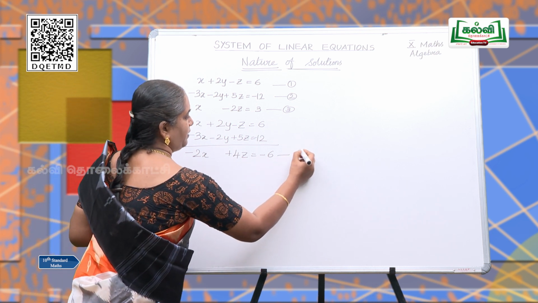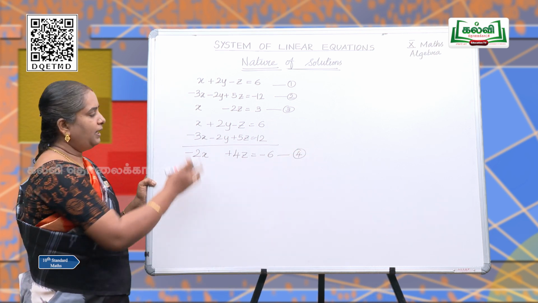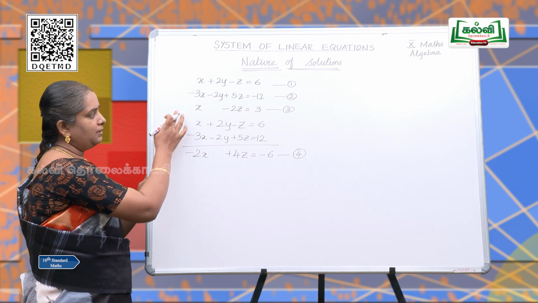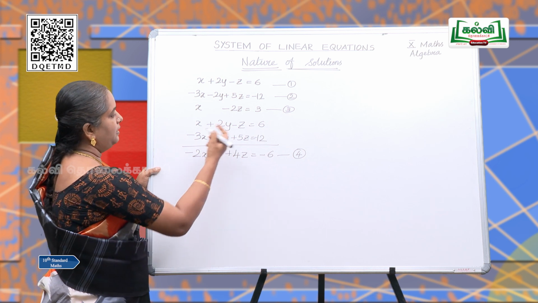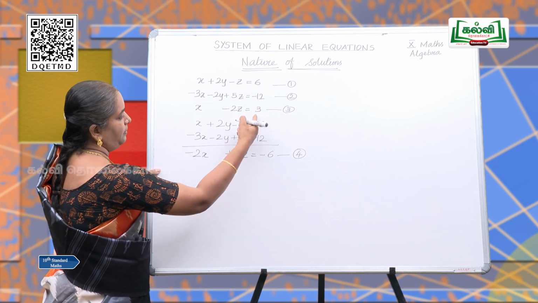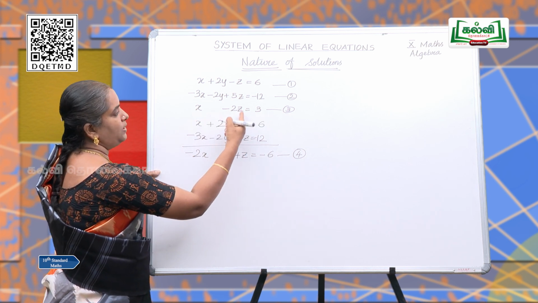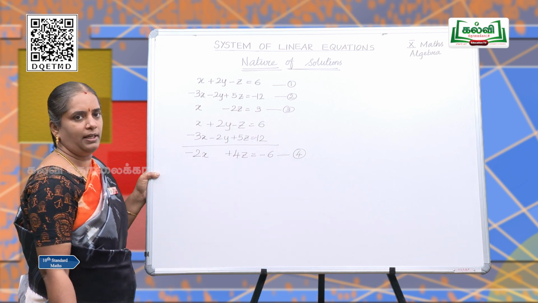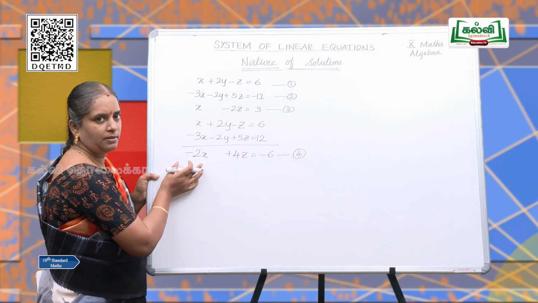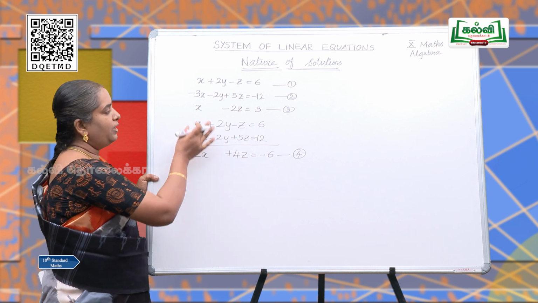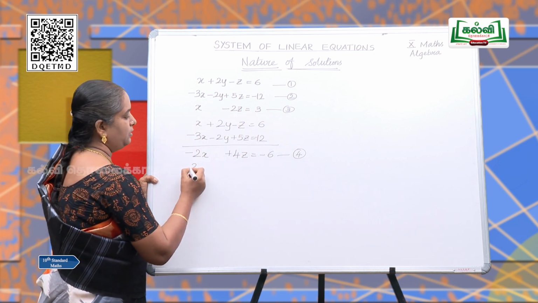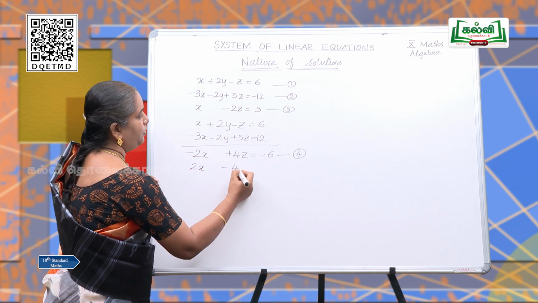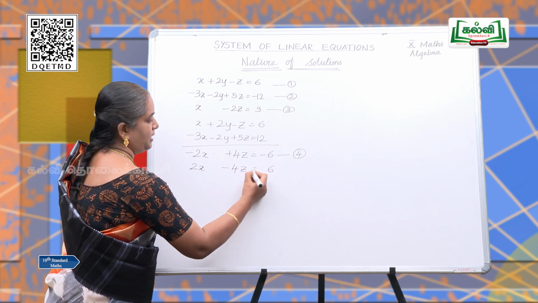Let us name this equation as 4. Taking the third equation and the fourth equation and eliminating, we have x minus 2z is equal to 3 as our third equation. Here we have minus 2x, so we are going to multiply the third equation by 2. It becomes 2x minus 4z is equal to 6.